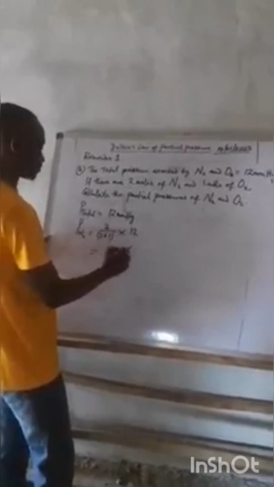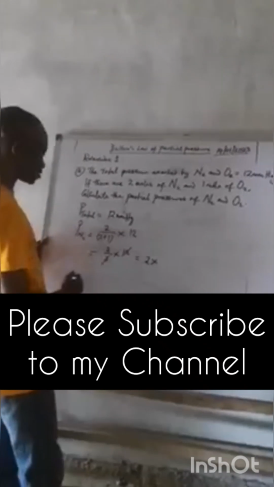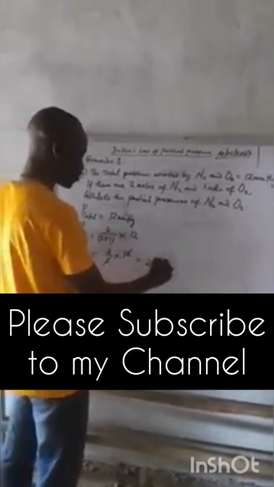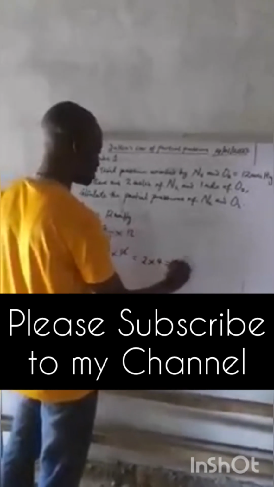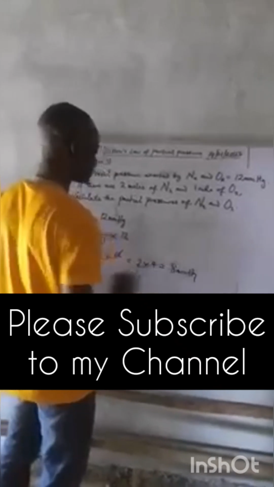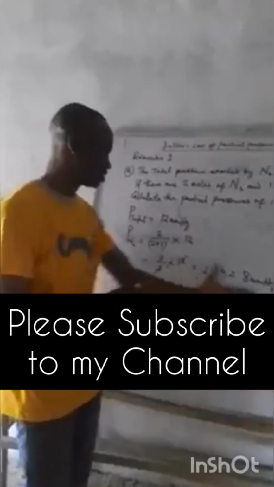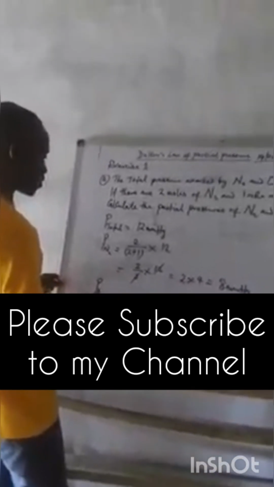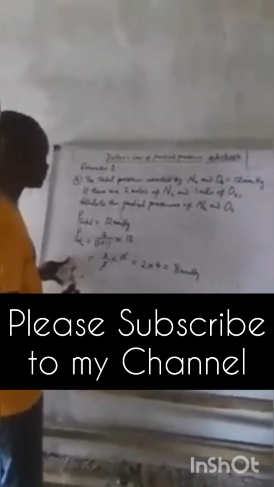And we have 2 over 3 times 12. 3 can divide 12. What do we have there? If 3 divides 12, we have 4. So 2 times 4 is 8 millimeters of mercury. So the partial pressure exerted by nitrogen in that mixture is 8 millimeters of mercury. Now PO2, that is the partial pressure exerted by oxygen.